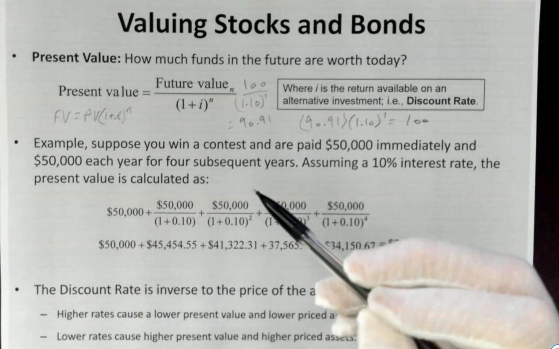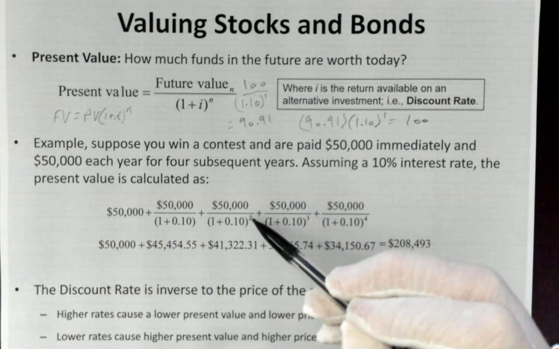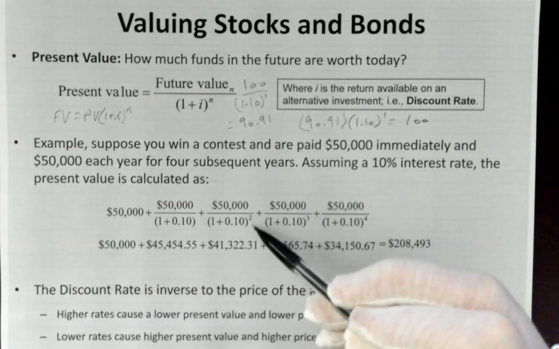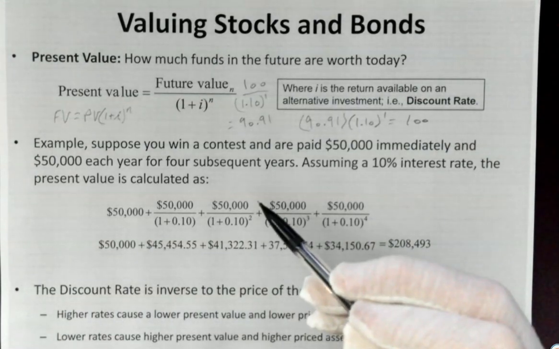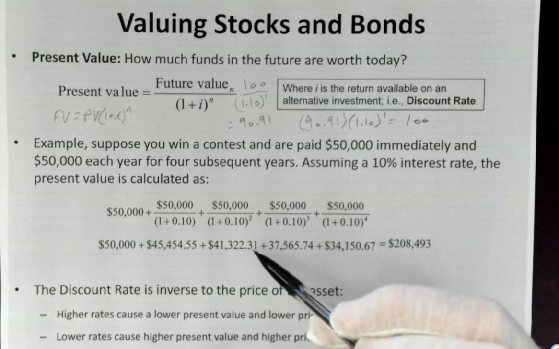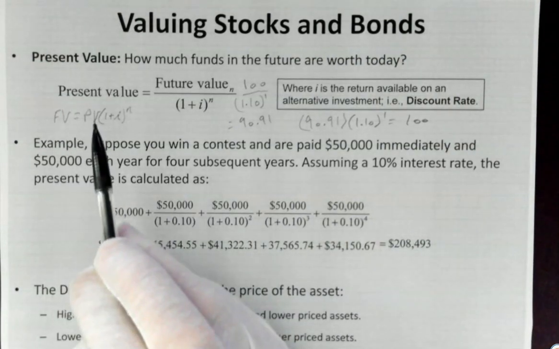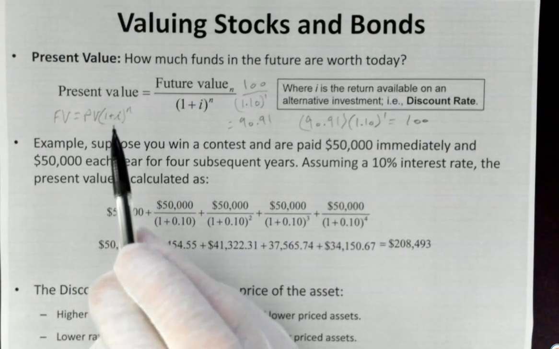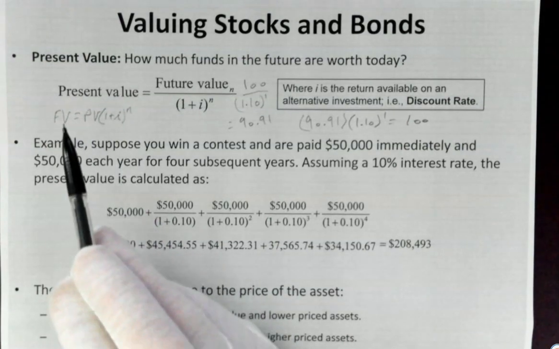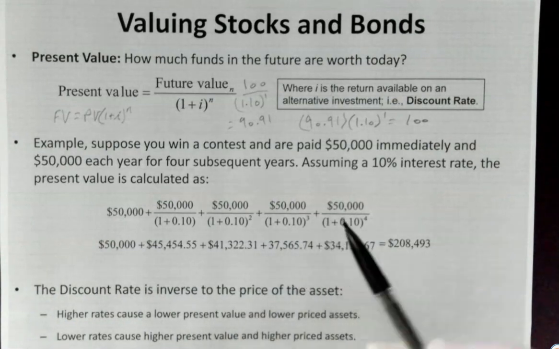If you receive another $50,000 payment 2 years from now, you take the $50,000, discount it by 1.1 to the second, you get $41,322. Why? Why is $50,000 received 2 years from now the same as $41,322 today? Because if you had $41,322 today and you invested that at 10% for 2 years, you would have $50,000 2 years from now.